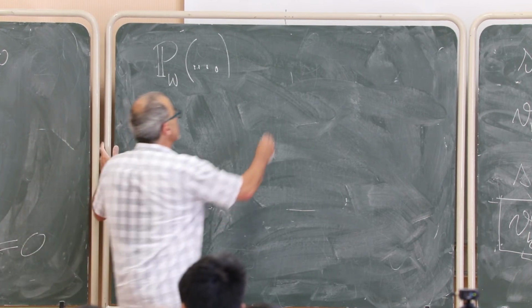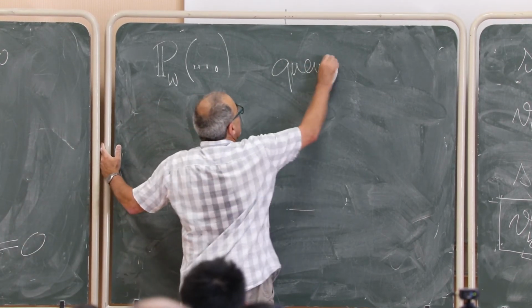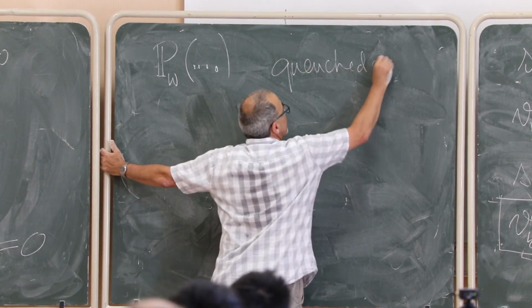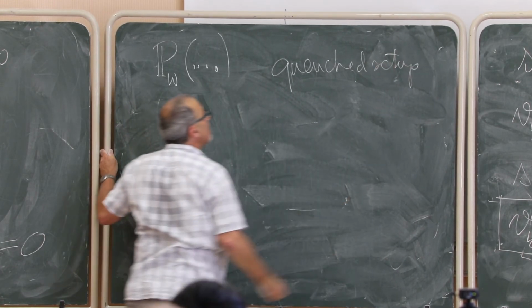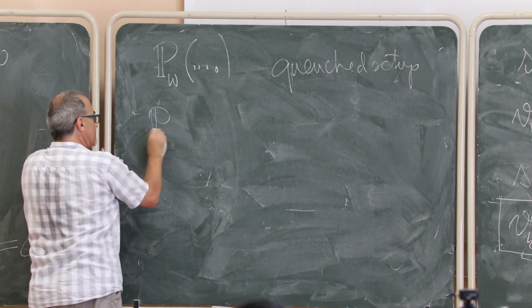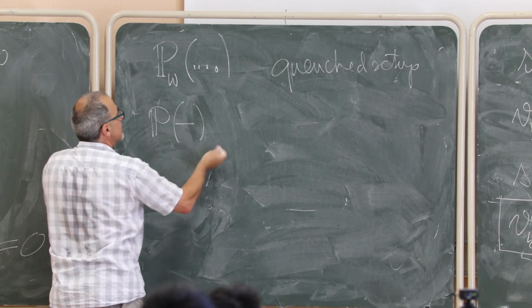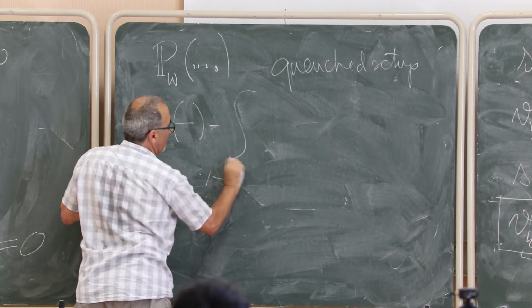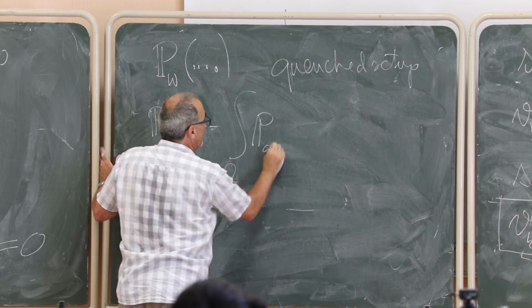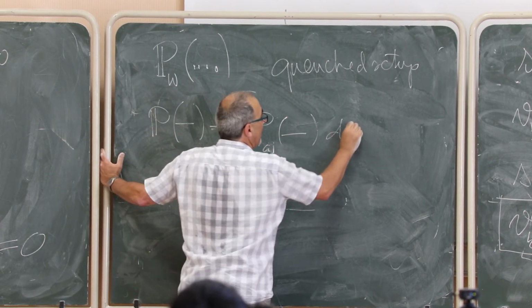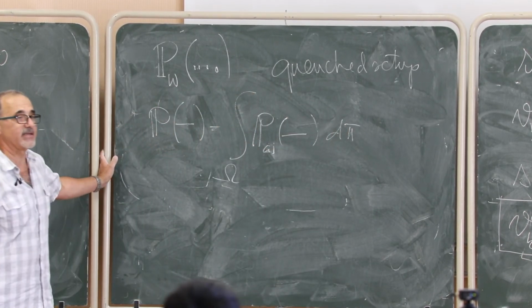This is the quenched setup. And I will also speak about P of some events, which is the integral over omega of P omega d pi, and this is the annealed.